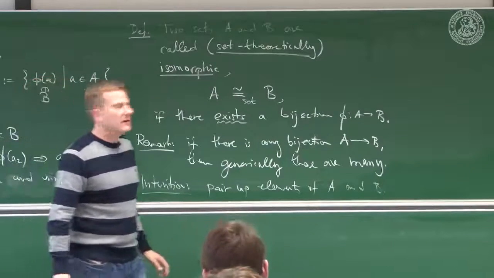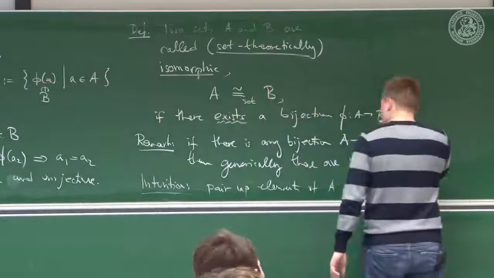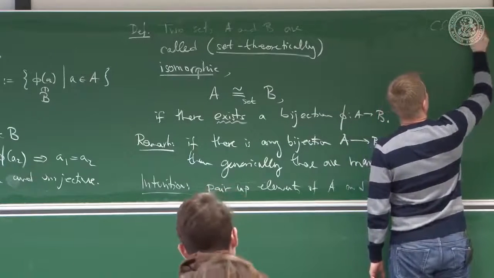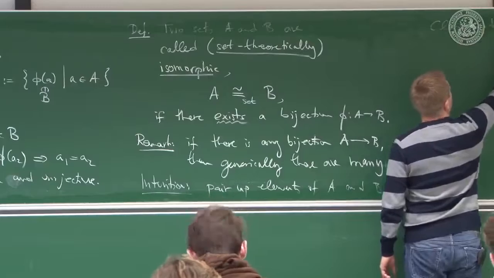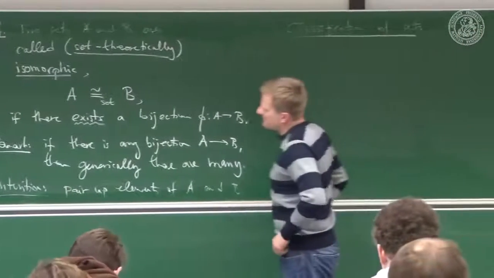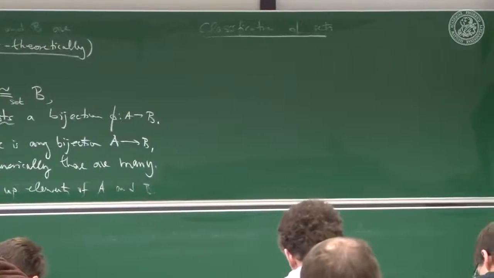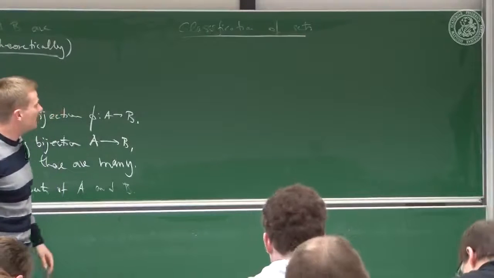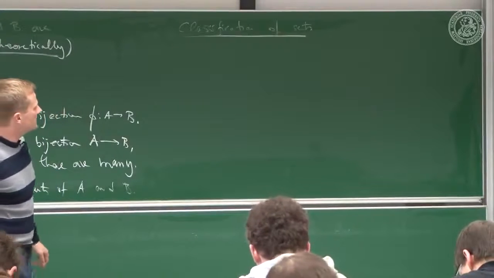By the way, we could clarify what an infinite set is. And that's already the promised classification. Classification of sets, by way of studying structure-preserving maps, and the structure-preserving maps are the bijections in the case of set theory.